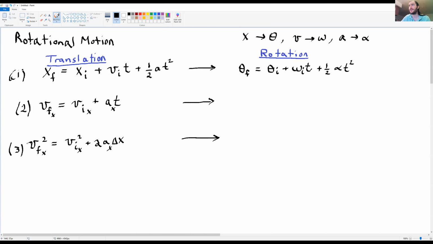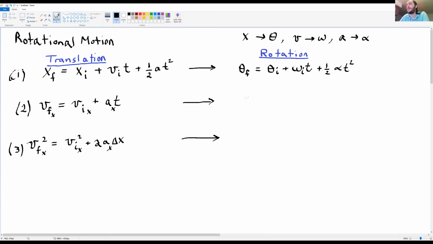So we replace the translation variable with a rotation variable. x is going to become theta here. v, the translational velocity, will become the angular velocity, omega. And a, the translational acceleration, will become alpha, the angular acceleration. So in this equation for the x position, we've now got the angular position: theta final equals theta initial plus omega initial t plus 1/2 alpha t squared.